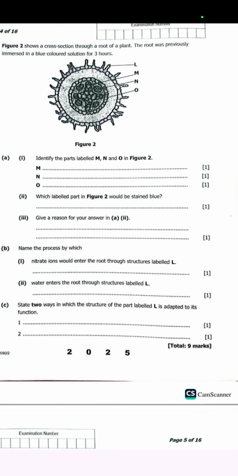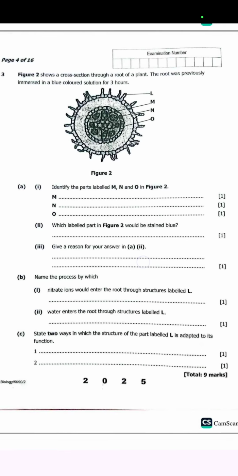What are some of the structures which support part L, which is a root hair cell, to absorb water and mineral salts? Number 1, let's say it has got a lot of mitochondria. Here you write it has numerous mitochondria, so that it is given a lot of energy to conduct active transport.